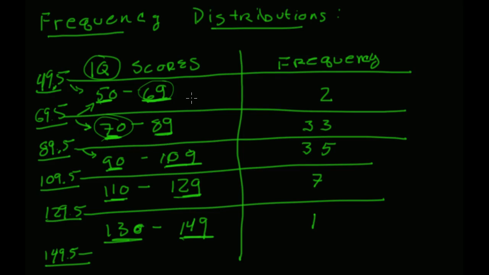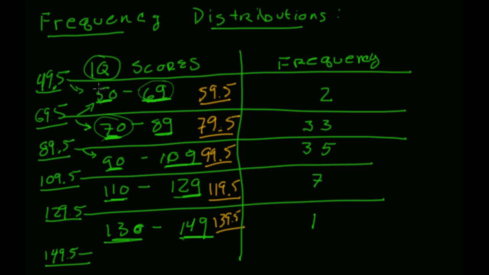There's another useful number sometimes seen in here, called the class midpoints. The midpoint of this class is 59.5. The midpoint of this class is 79.5. The midpoint of this class is 99.5. Of this one, 119.5, and of this one, 139.5. These are used less frequently, but sometimes they're used to do some calculations.